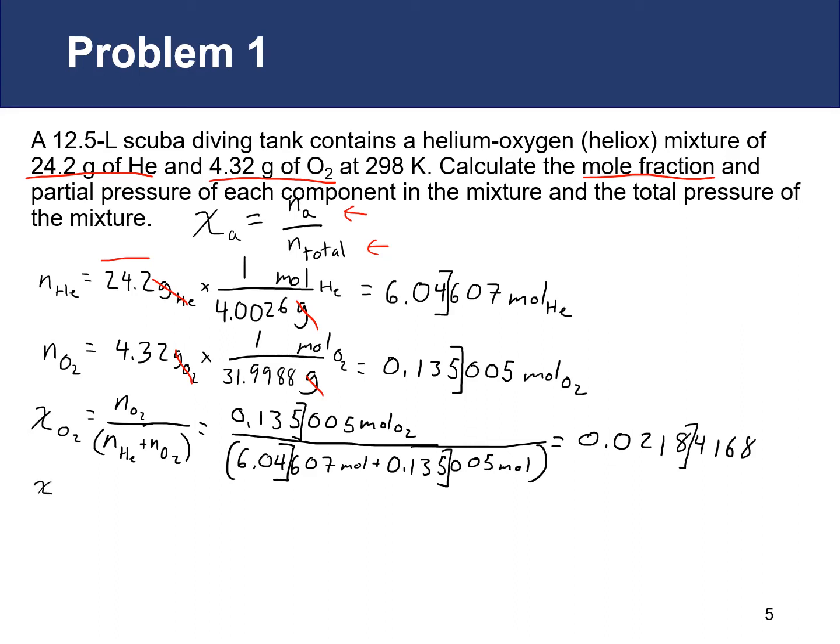Okay, now the mole fraction for helium, that is going to be the number of moles of helium divided by number of moles of helium plus oxygen. That will be equal to 6.04607 moles divided by the same thing we did when we were looking at oxygen.